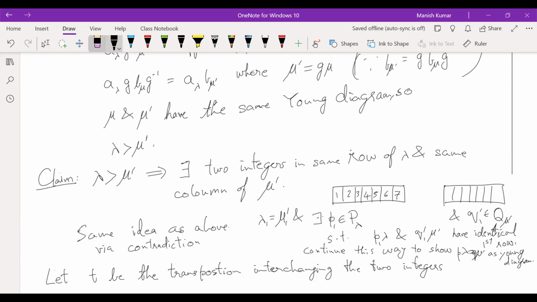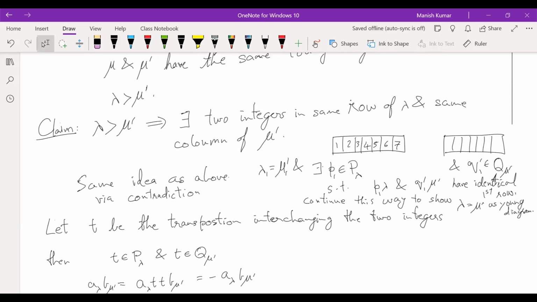So there exists... maybe I'll just write it as Young diagram. Yeah. Meaning I don't care about what the entries are. But this way, you'll get that the second row of lambda and the second row of mu prime have the same length and so on, and you carry over these arguments, and you'll get in particular that lambda is the same as mu, which will contradict the hypothesis.